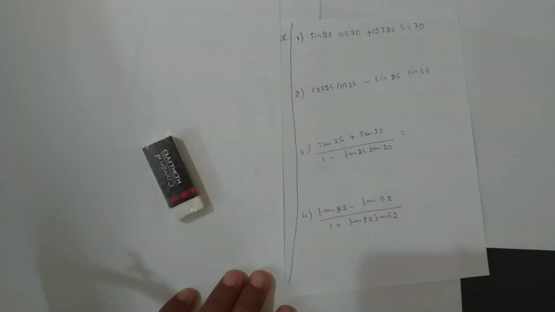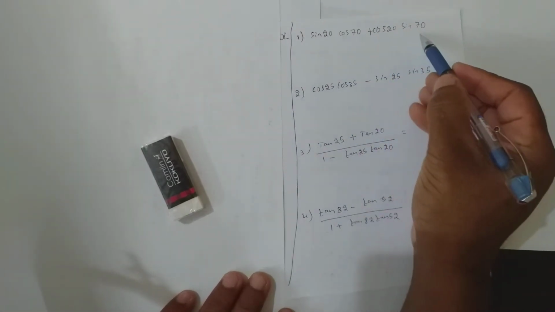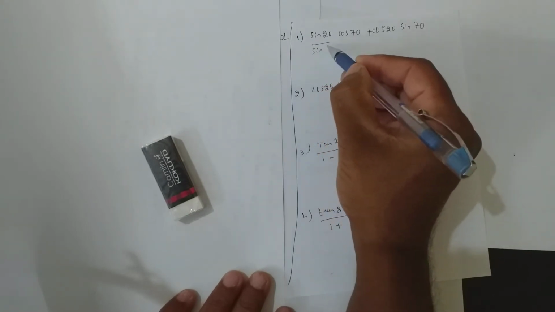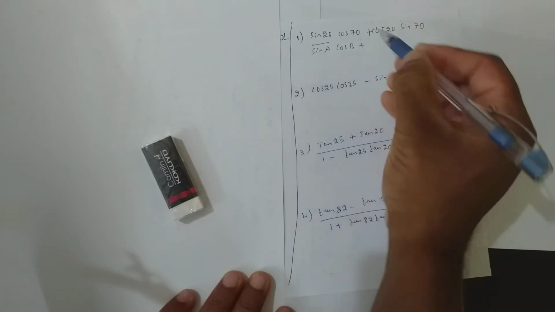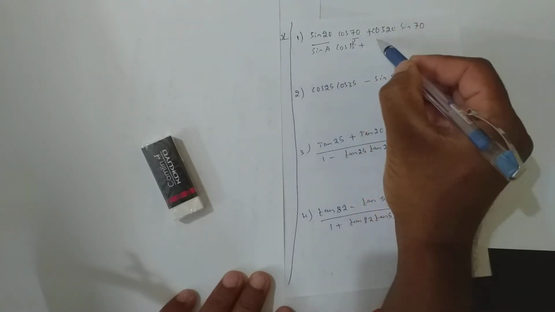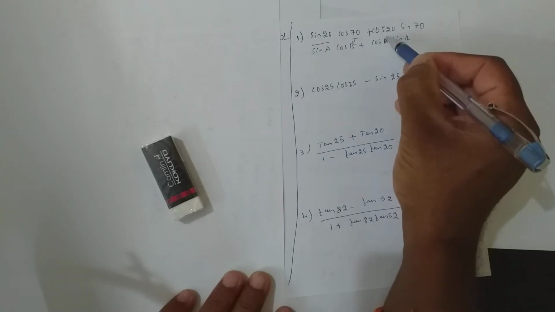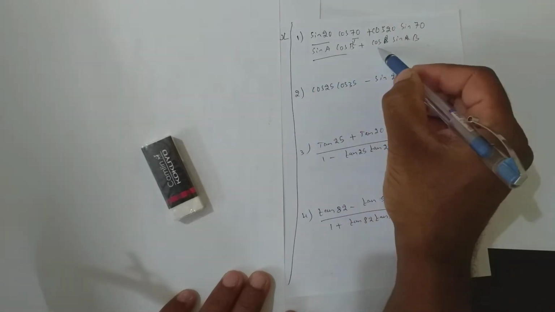First sum. If it is sin 20 cos 70 plus cos 20 sin 70, it is of which form? If I take 20 to be A and 70 to be B, it is sin A cos B plus cos A sin B. So which formula is this for?